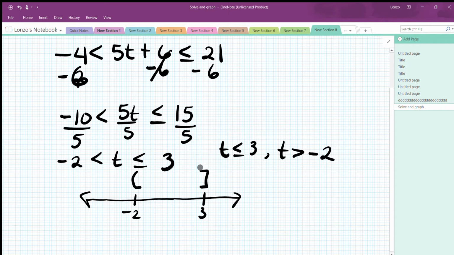Now, t less than or equal to 3 is going this way, and then t greater than -2 is going that way, so it's going to connect. So that's how you write it like this, and then in interval notation form, it's going to be parenthesis -2 to 3 bracket. Simple, right? Just algebra and graphing.